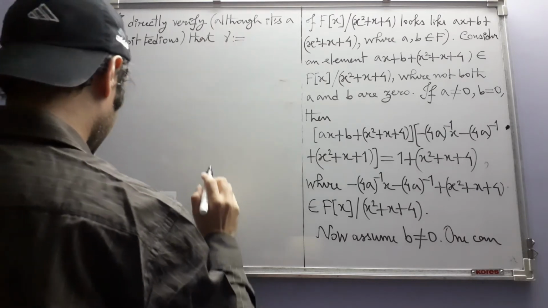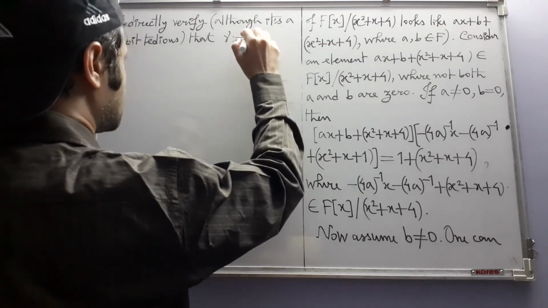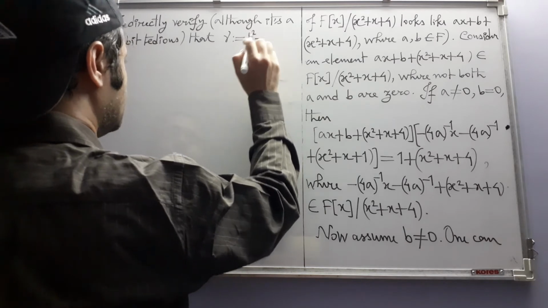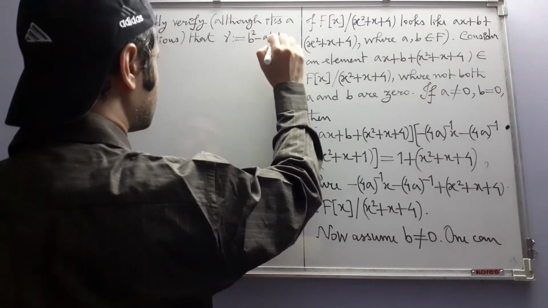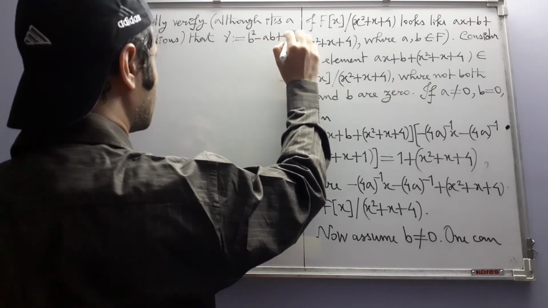We are denoting it by the symbol gamma: b square minus ab plus 4a square.